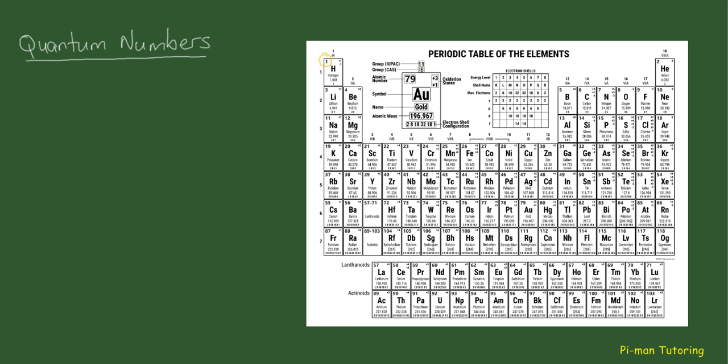As we move across, the next element we come to is helium, atomic number 2. It has two protons and therefore has two electrons. Now helium is sitting in group 18 over here with all the noble gases, so it's a particularly stable element.